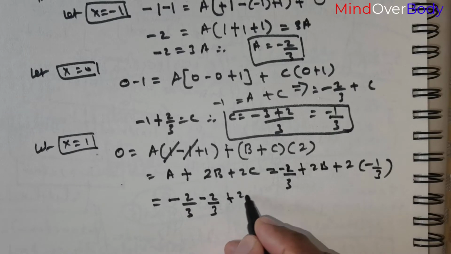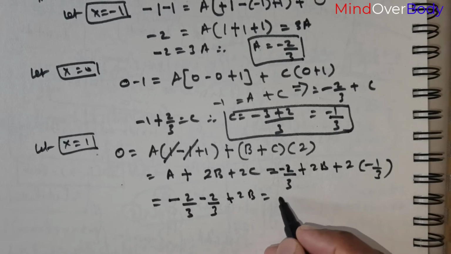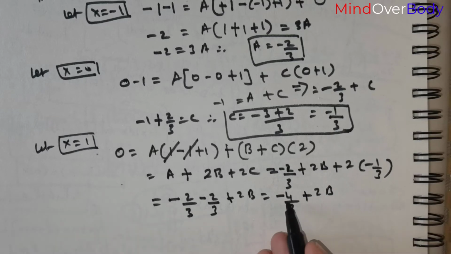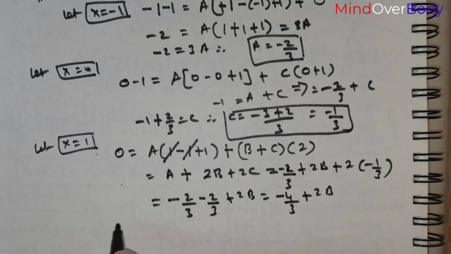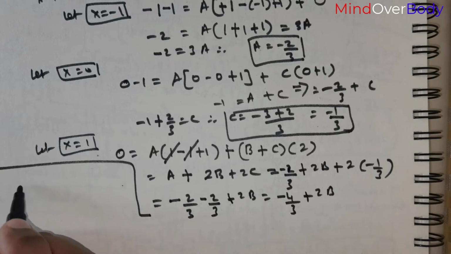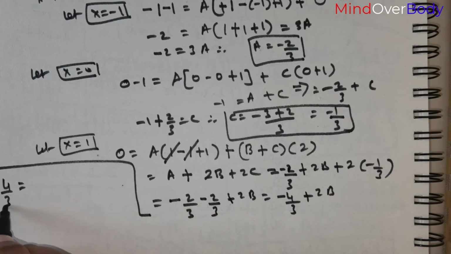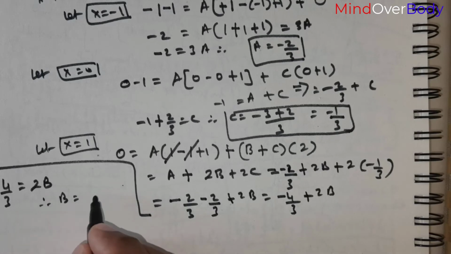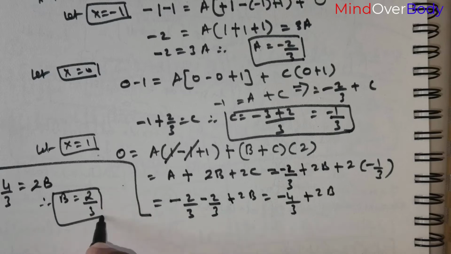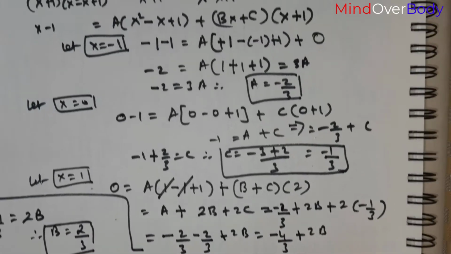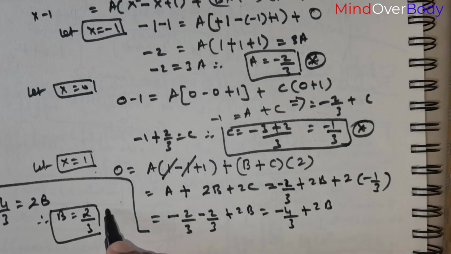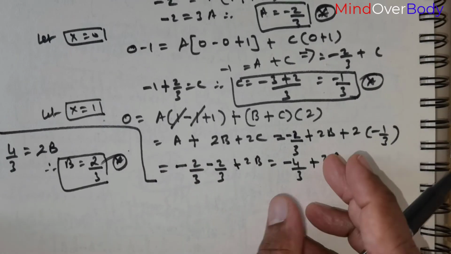And this is going to be positive 2 times B, which is equal to negative 4 over 3 positive 2 times B. And I push this to the other side. So let me use the space here. This is going to be 4 over 3 is equal to 2 times B. So therefore B is equal to 2 over 3. So I've got the value for A, I got the value for C, I got the value for B. So we will have to use all of this.